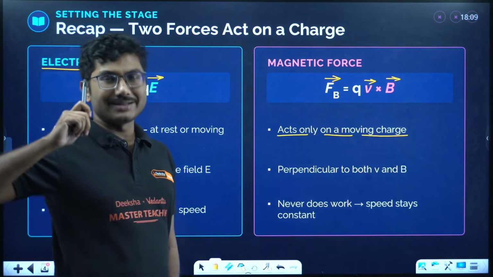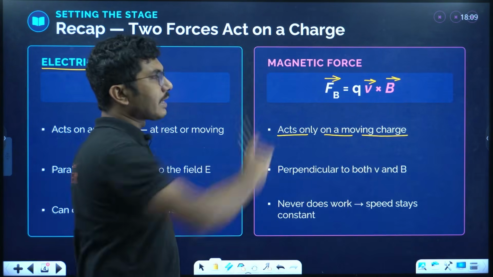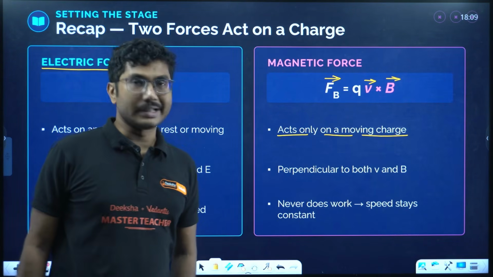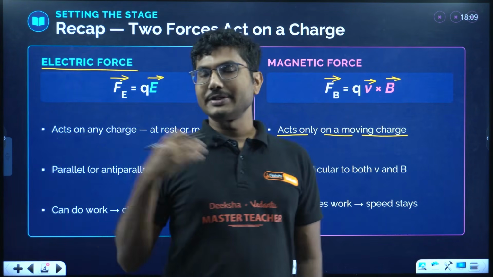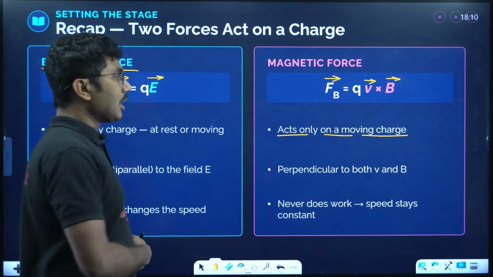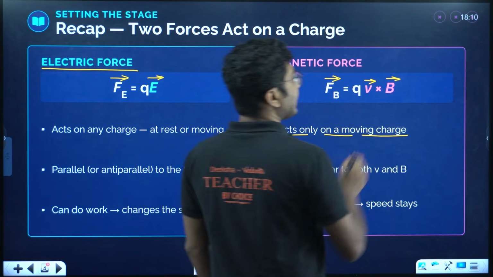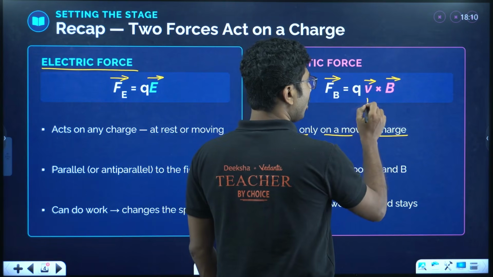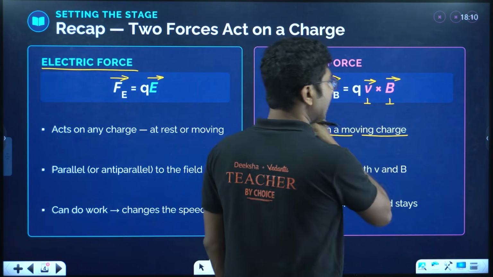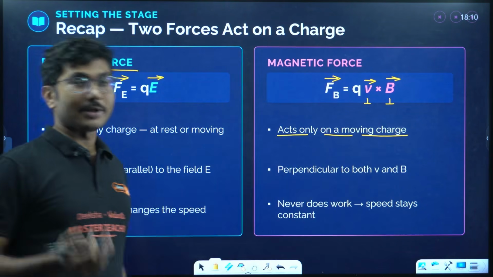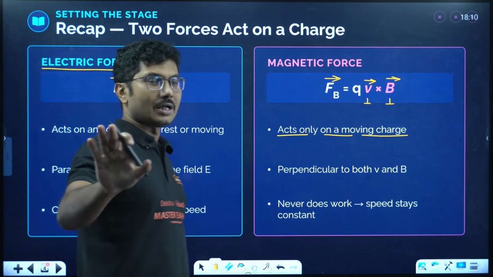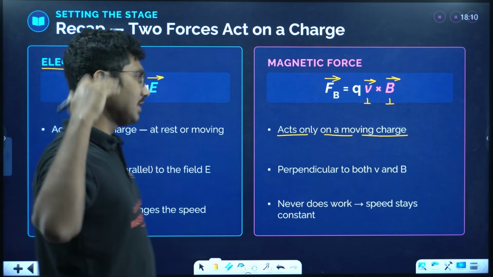If the charge is stationary, no matter how big the magnetic field is, it will not experience any force. It is perpendicular not only to V but also to B. It is mutually perpendicular to V and B. I will share how to find the direction, don't worry.